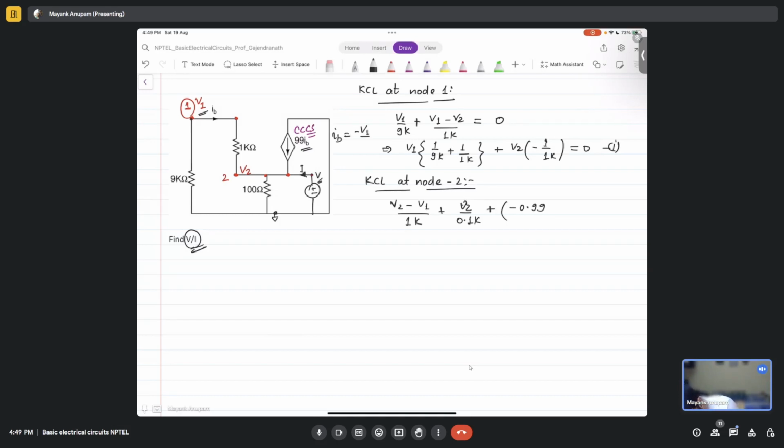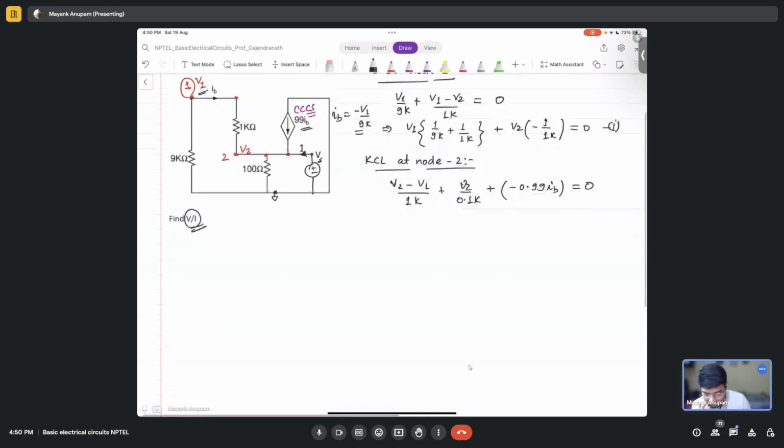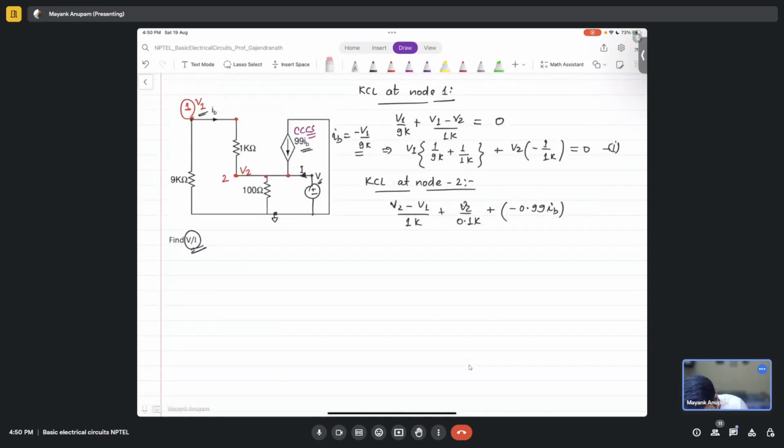Minus V1 by 9K, isn't it? So let's replace it here. So this is equal to 0, correct? By the way, it is not done. So we have this one, right? Now we also have this current I, right? This current I.